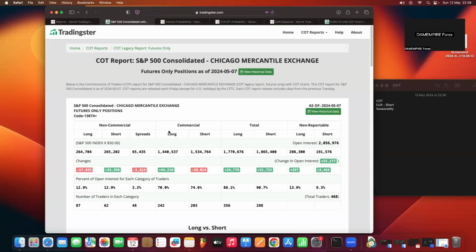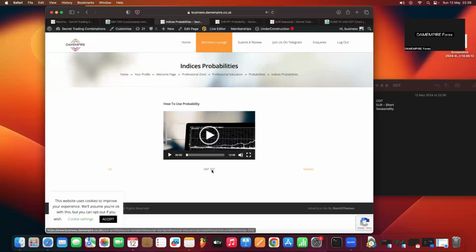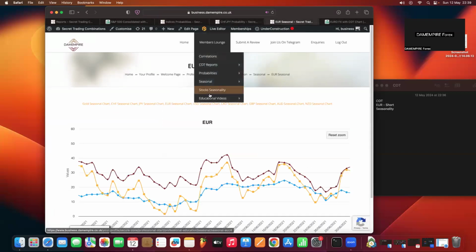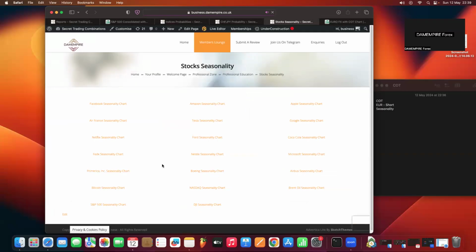Okay, so the S&P 500 is looking like a long. No, actually, it's 44,000 for this one, for long. Check that. That's probability. Let's check the seasonality, right? See what the S&P 500 seasonality is.